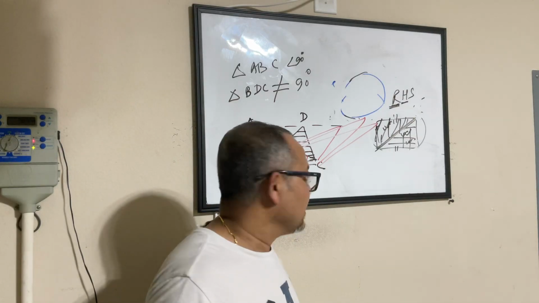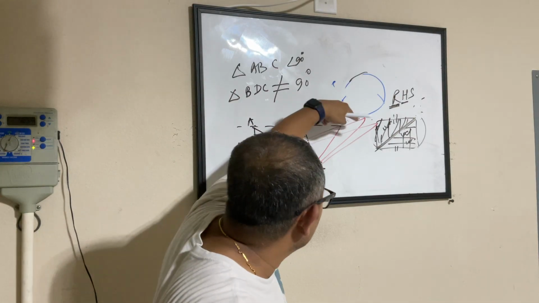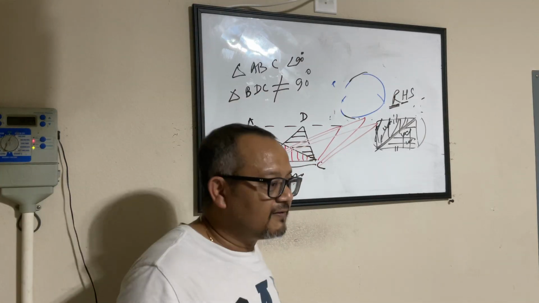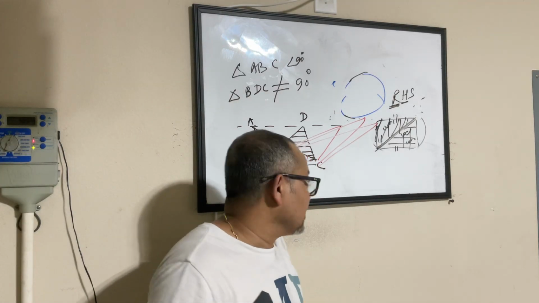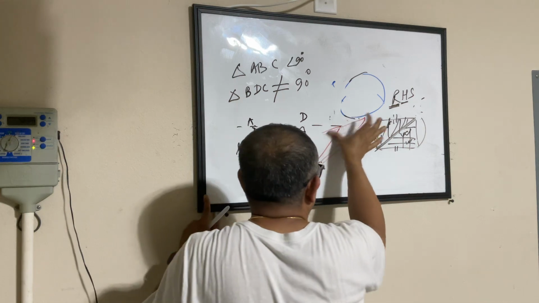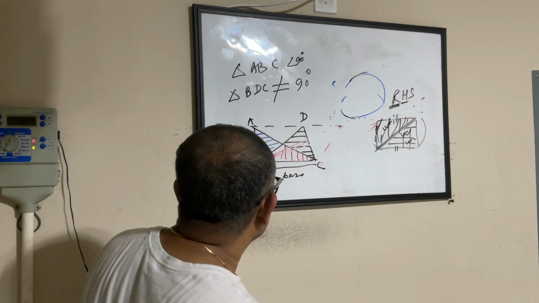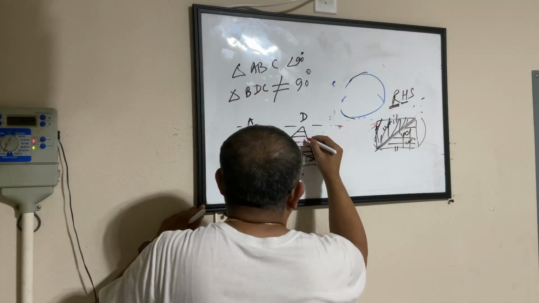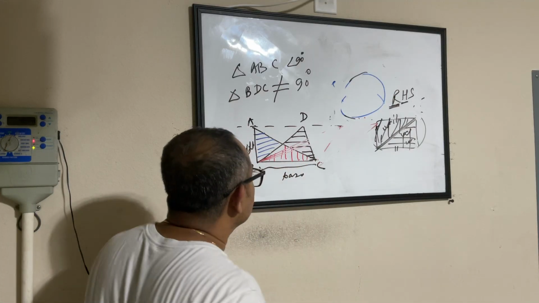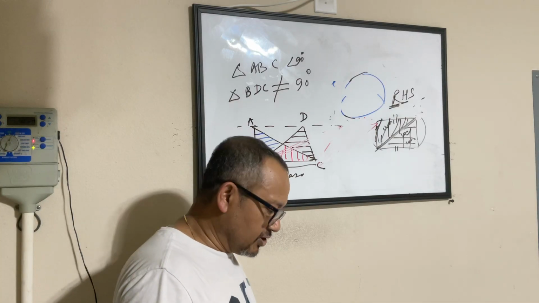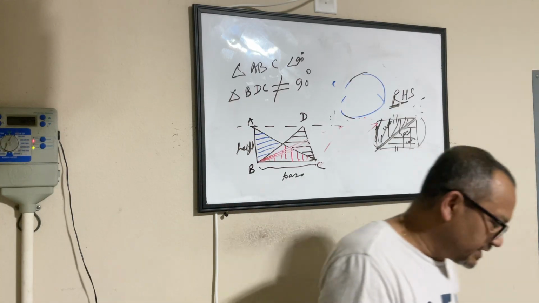If your base is the same and your top point is on the same parallel line, then your area will always be the same. And that is what we are trying to convince ourselves of. So we just made this one and we are trying to find out if these two triangles are congruent or not. I know it will sound like a loaded thing.